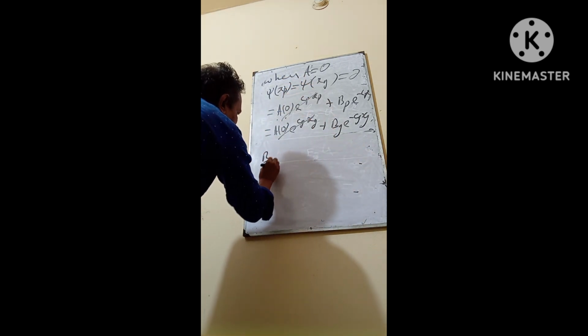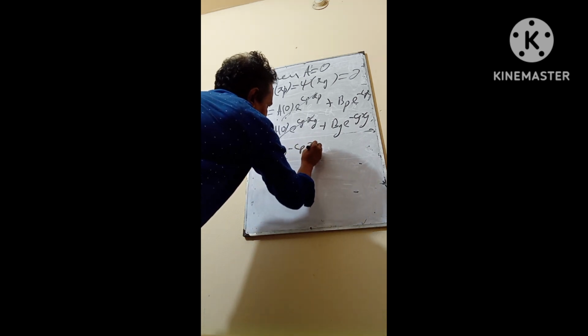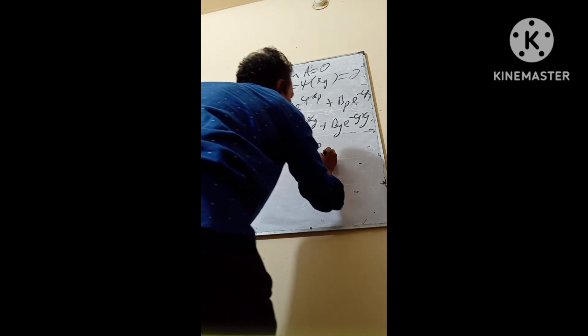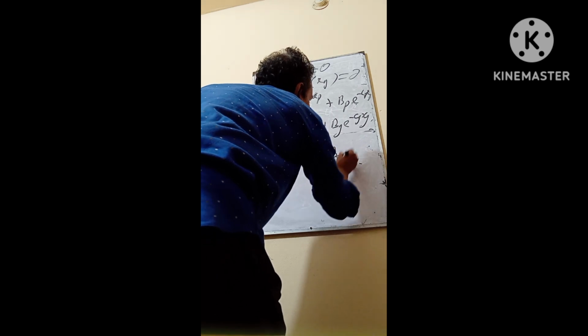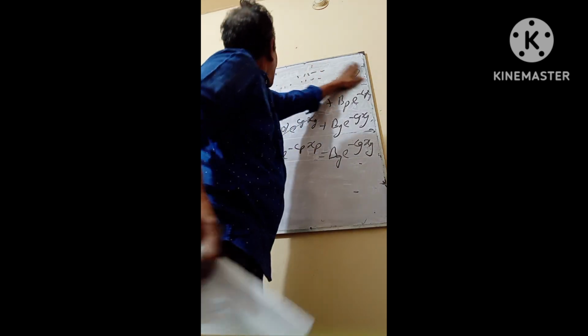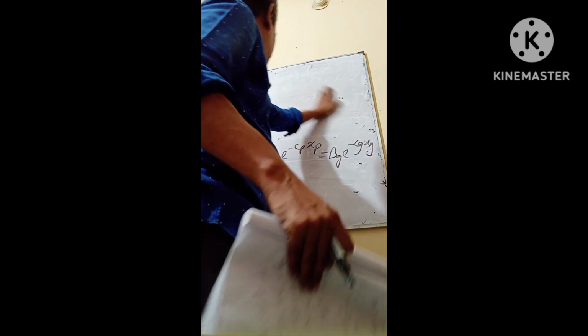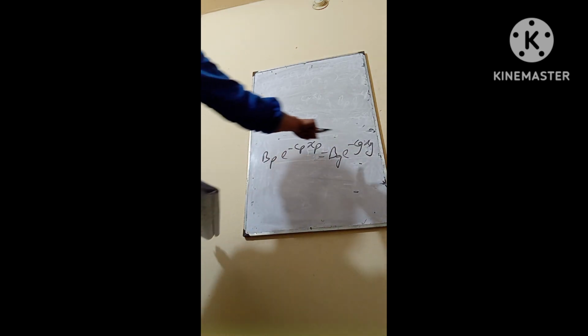So BP e^(c_P x_P) equals BZ e^(c_Z x_Z). I have to calculate BP, BZ, CZ.